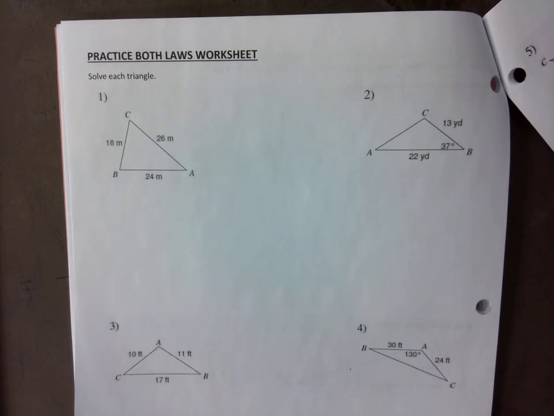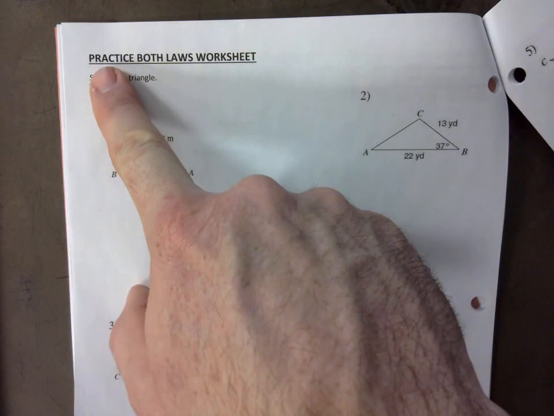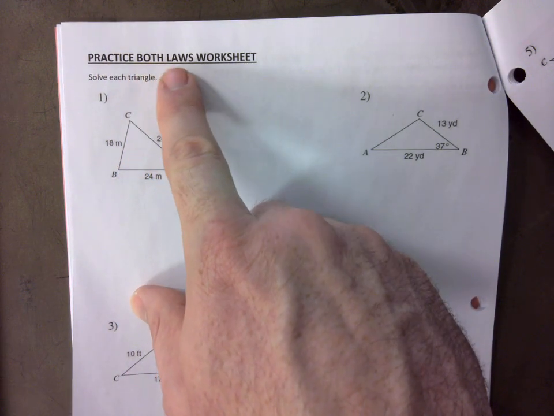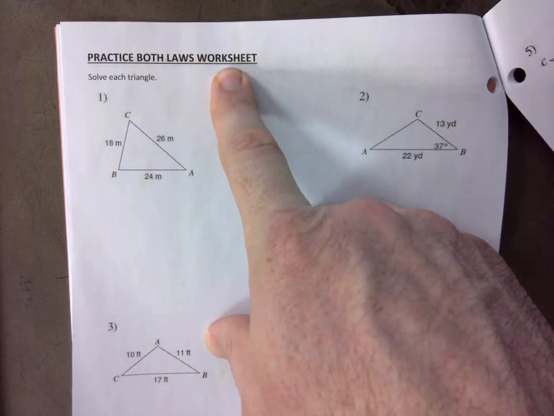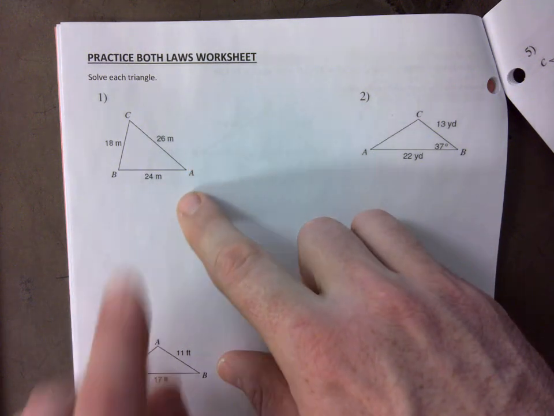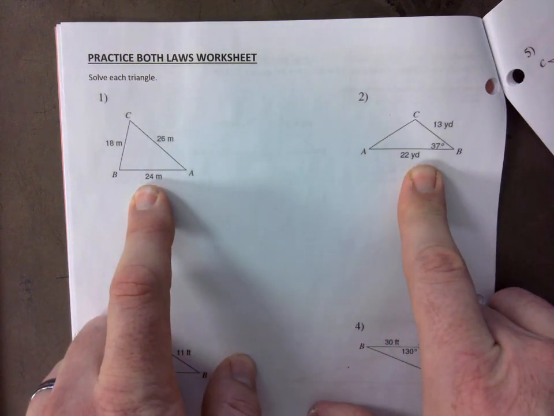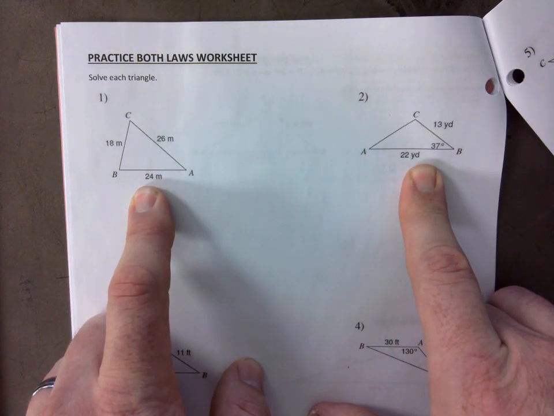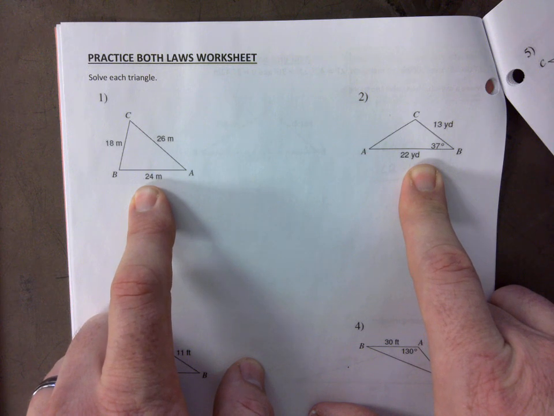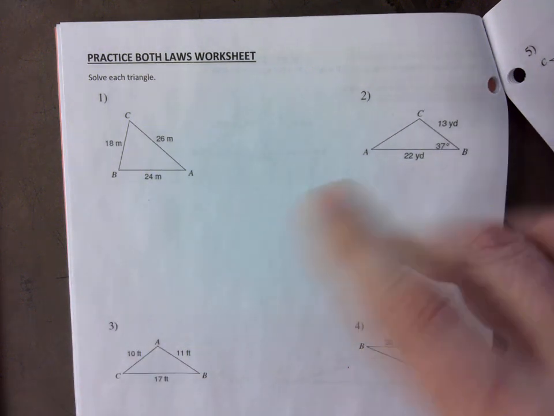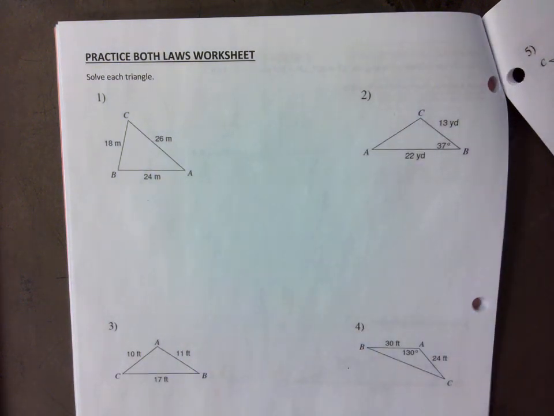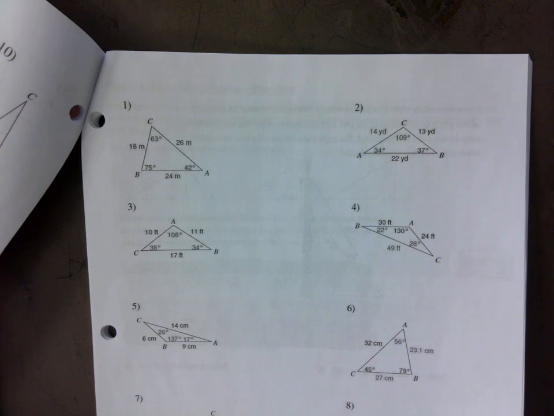If you start going to page 23, what does it say at the top? Practice both laws worksheet. Here, every single time you're going to have to choose, is it sine law or is it cosine law? And so that's the exercise there. If you keep flipping, page 26 is the answer key.